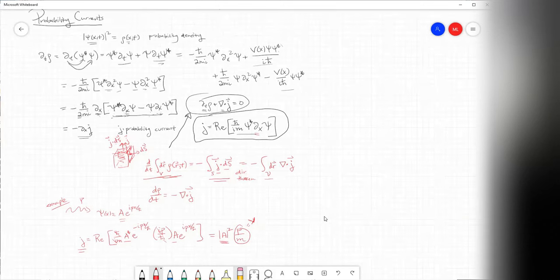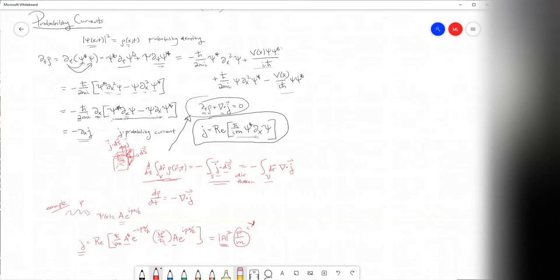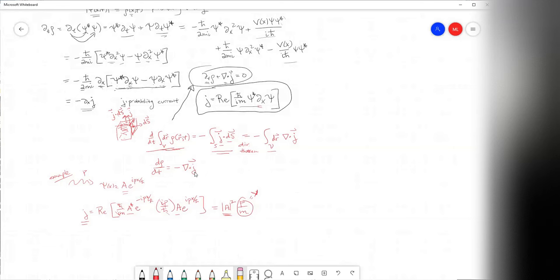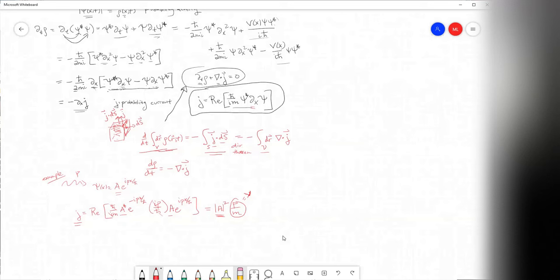They tell you about the actual probability of observing a particle somewhere and how that evolves in time. That's what basically the Schrodinger equation, for the probability, takes the form of, this conservation law. We might come back to this. This is useful in certain situations when you're interpreting.